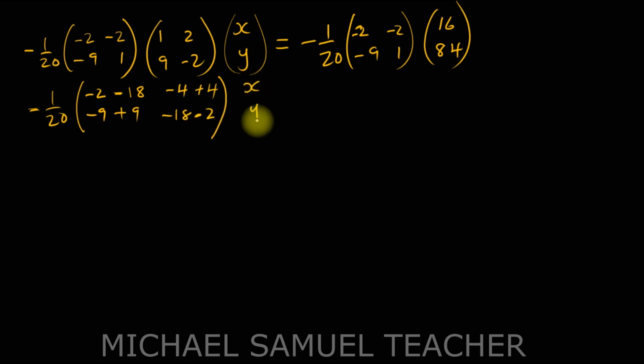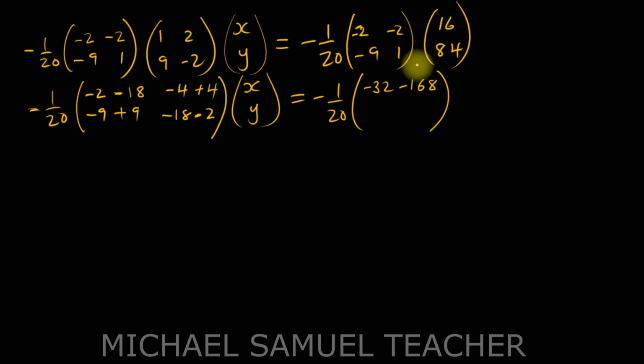Then I have x, y, the variable matrix, equal to minus 1 over 20. Again, to get the elements: minus 2 times 16 is minus 32, then plus minus 2 times 84, which is minus 168. The other element is obtained by multiplying minus 9 times 16, which is minus 144, and plus 1 times 84, so plus 84.